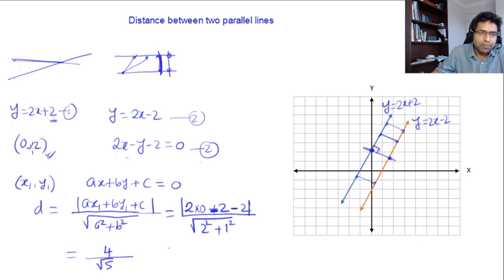If the equation is in general form, you can choose either the x-intercept or the y-intercept, it doesn't matter. The first equation we use to get the point. The second equation we convert into general form, and then we apply the perpendicular distance formula from a point to a line.